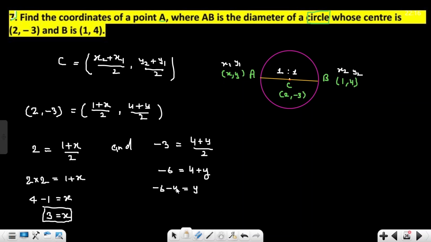If two terms are negative, add 6 and 4 to get 10, with a negative sign. The y value is -10. So the coordinate of A is (3, -10). Solved. Let's move on to the next question.